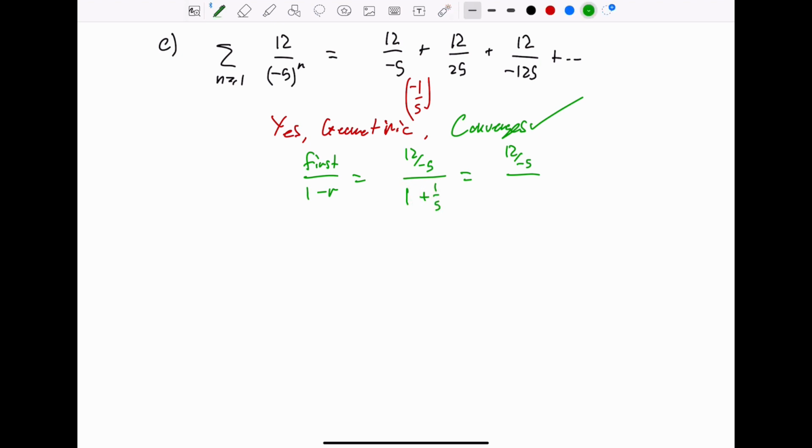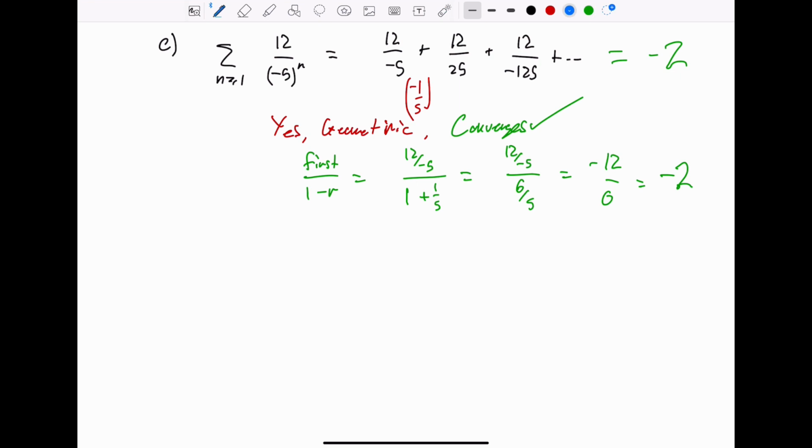That's 6 over 5. Now we could cancel these 5's here, but we retain the negative. So negative 5 cancels with that 5, and we would have negative 12 divided by 6, which is negative 2. So this geometric series adds up to the finite value of negative 2. It is a convergent geometric series, and we just found that the sum is negative 2.